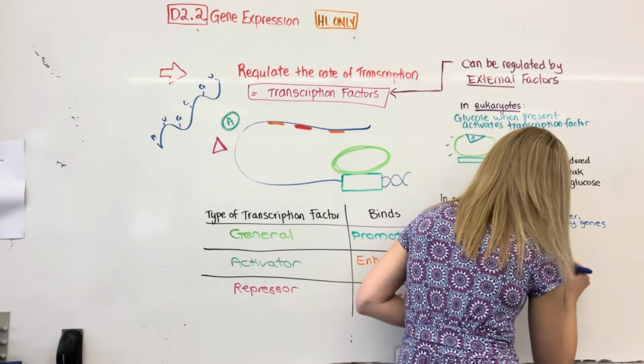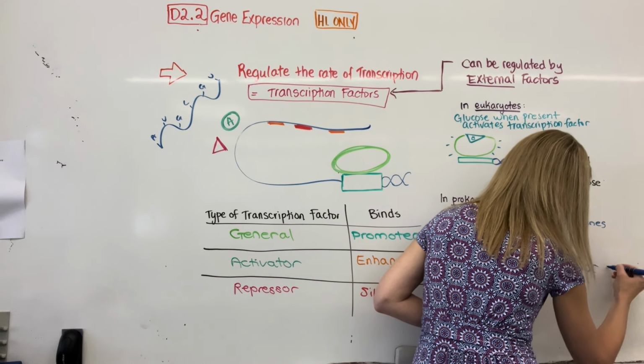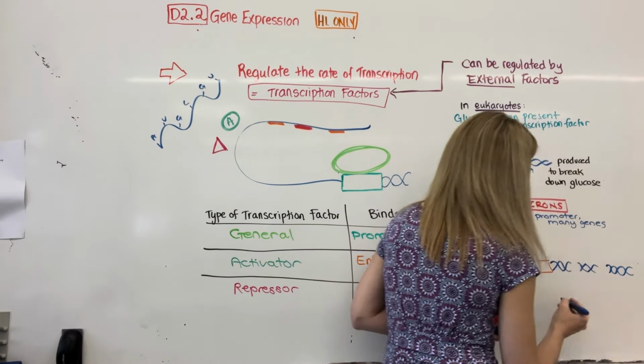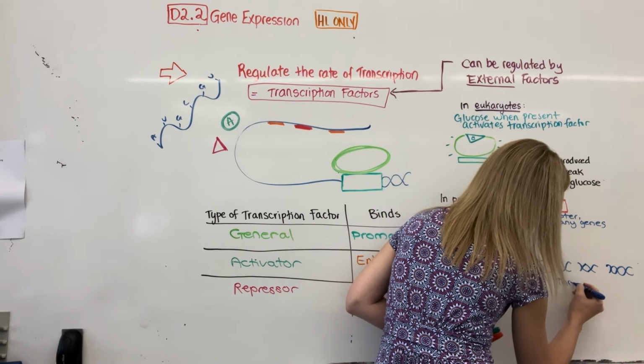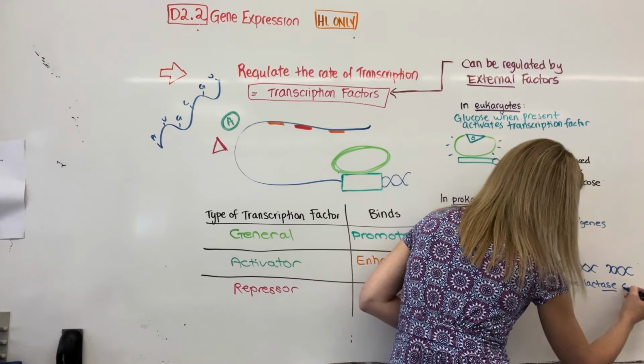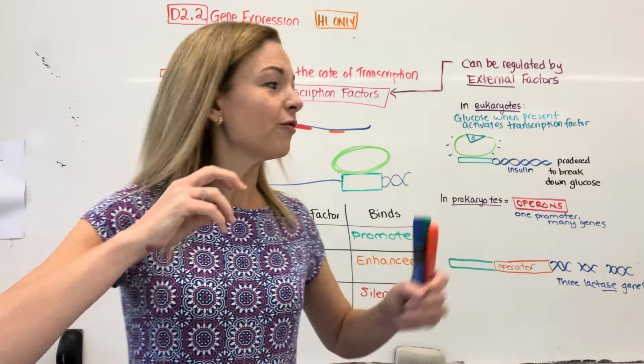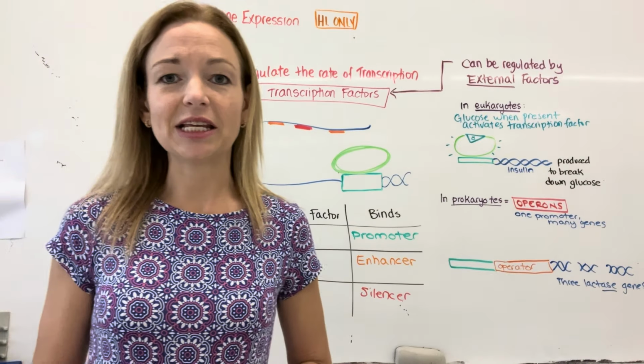And then instead of it just being one gene, it would be like 3 genes. We're going to say these are 3 genes that are related to lactose digestion. So these are going to be 3 lactase genes. So 1 promoter for all 3 of the lactase genes.